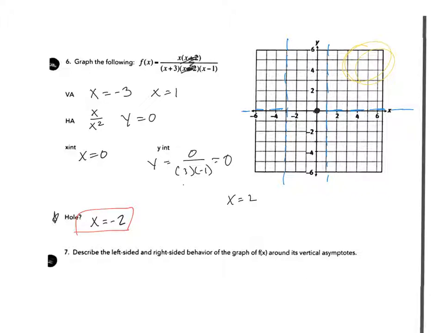So then we would have y equals 2 over 2 plus 3, oops, that's a 3, 2 plus 3 over 2 minus 1. So we get 2 over 5 times 1. So it's positive 2/5. So at 2, we're at 2/5. So that tells you that we're up here. The graph lives up here.